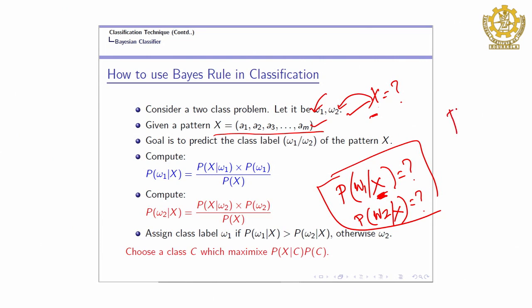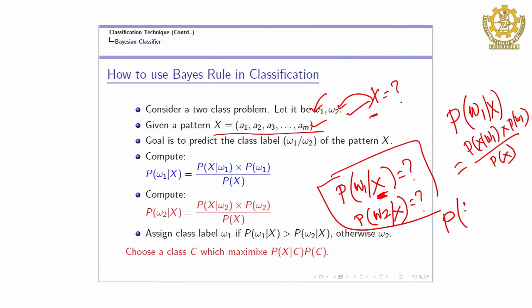What we do is compute the probability of W1 when you know the value of x. This is probability of x given W1 into probability of W1, divided by probability of x. This is directly from the Bayes rule, and then we will compute again probability of W2 given x.